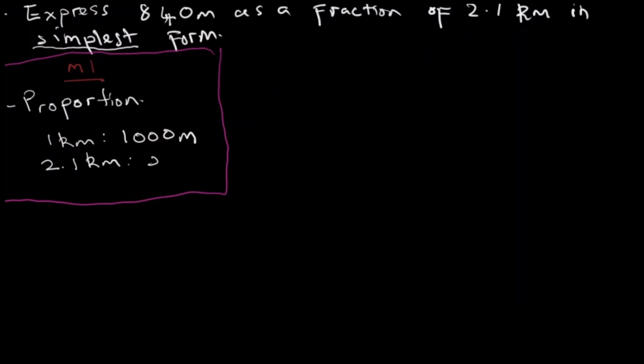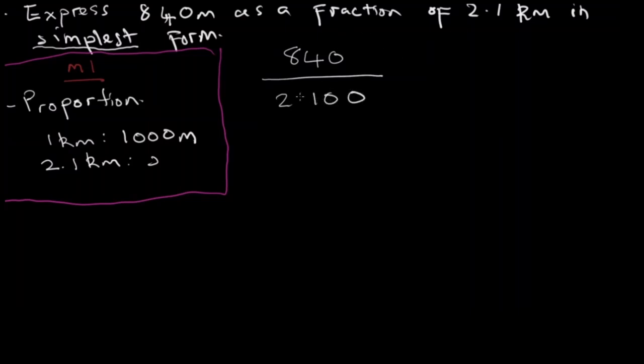Okay, so our question says express 840 meters as a fraction of 2.1 kilometers in simplest form. So what we need to do here is express 840 meters over this, which is 2,100 meters, in its simplest form.